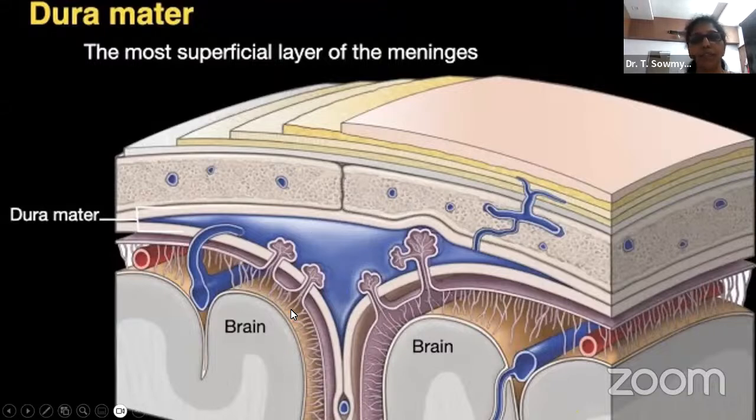dural sinuses, where I want to take a minute. These are the layers below the periosteum, cranium. There are dura mater, then arachnoid mater and pia mater. The dura mater has two layers, one is the osteal layer and the other is the meningeal layer.